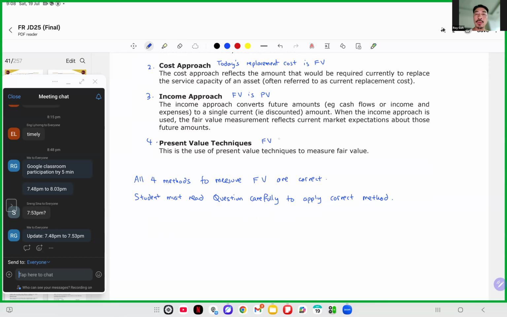Fair value is also the present value. So this is the present value of inflow. This is the present value for net cash flow. Net inflow or outflow. So it doesn't matter. So it can be net inflow, net outflow. So depending on the question. Inflow is correct, outflow is also correct. It depends.